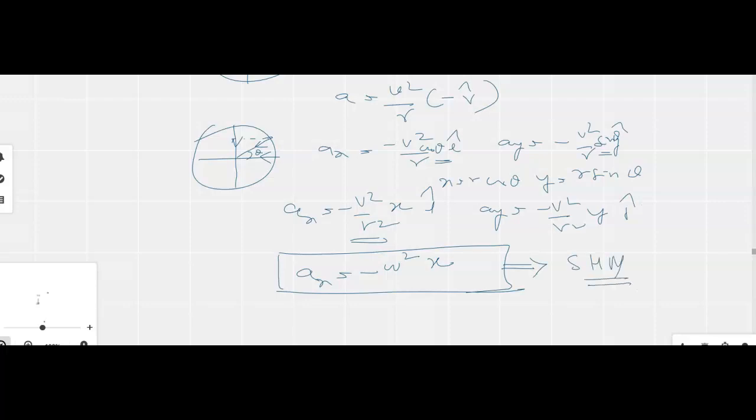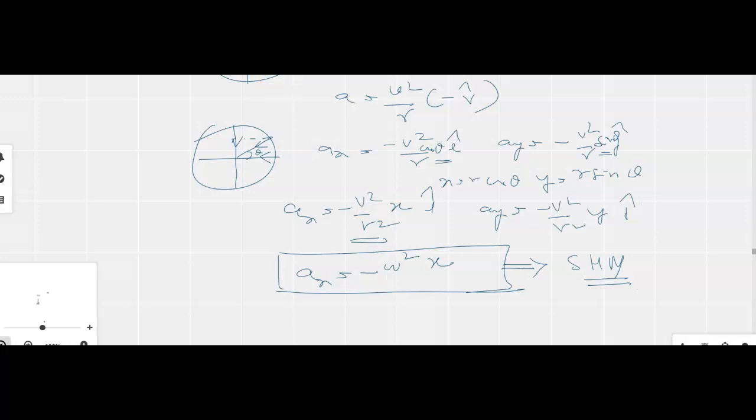And we see how the terminology of angular frequency comes in the discussion of simple harmonic motion. That is, it draws the terminology from this, that simple harmonic motion is only the projection of the motion of a particle which is undergoing uniform circular motion.